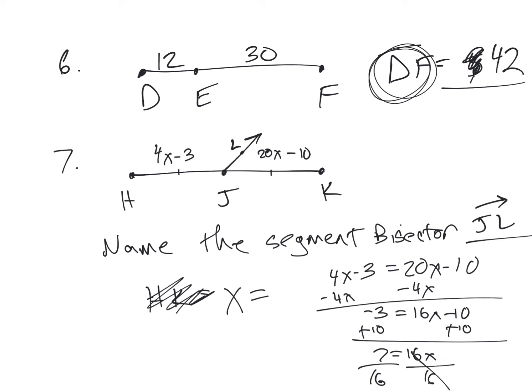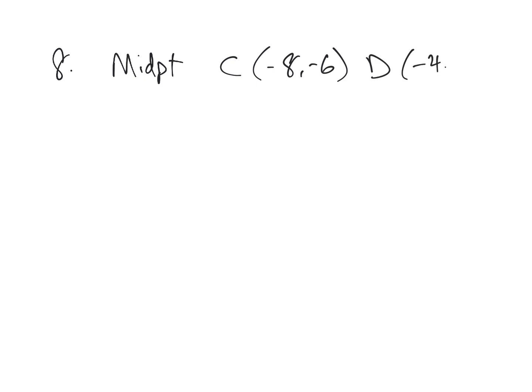All right, next. Number 8, midpoint. If you have to look it up, you're not ready. Find the midpoint of C (-8, -6) and D (-4, 10). Midpoint is x plus x over 2 and y plus y over 2.